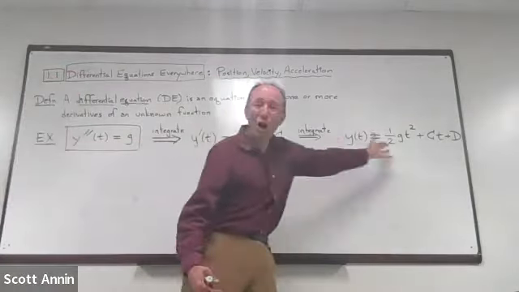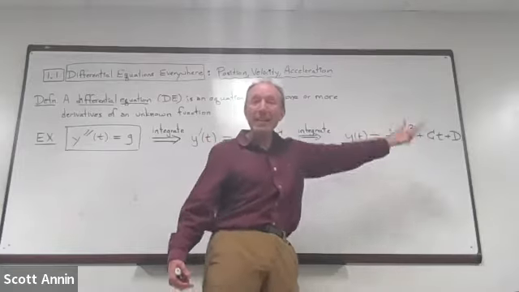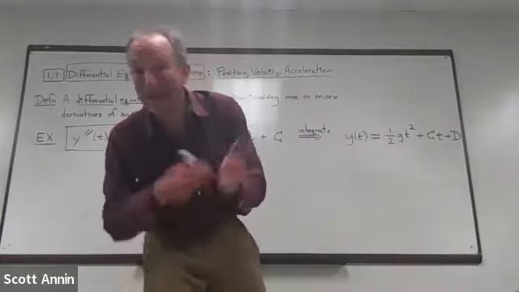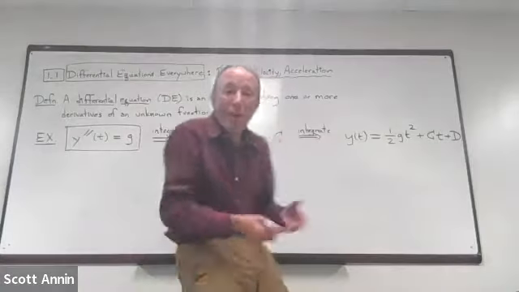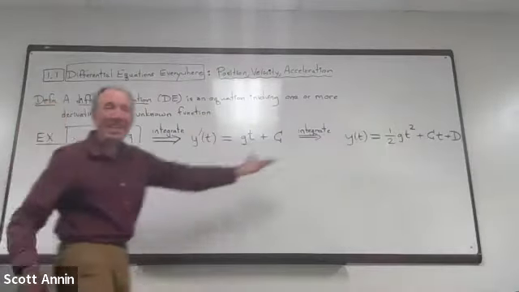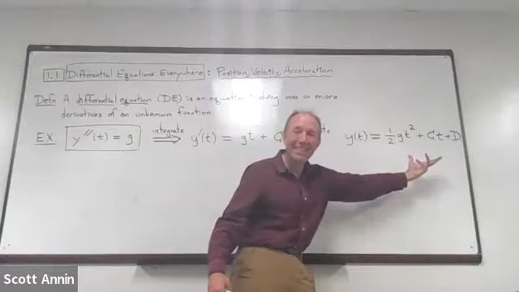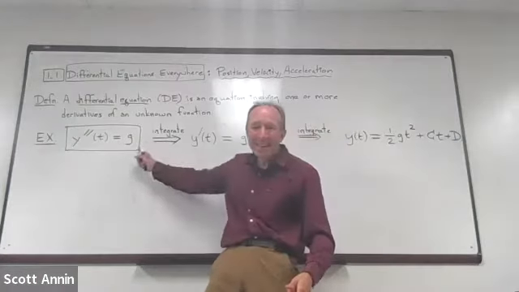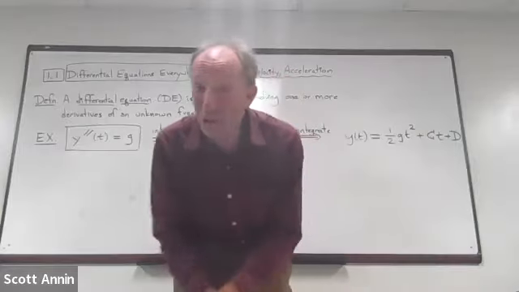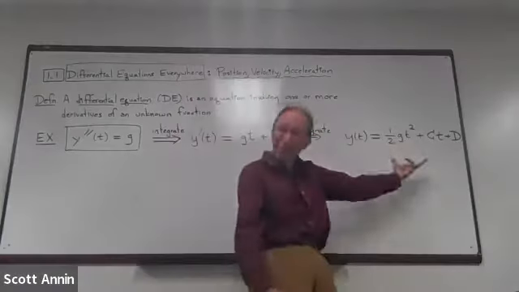And they are all sort of indexed over here by choices of c and d. If I change c and d, no problem. I still have a solution to my differential equation. If I take two derivatives of this, I will get g. Doesn't matter what c and d are. The c and the d are going to actually go away when I take two derivatives of this thing.